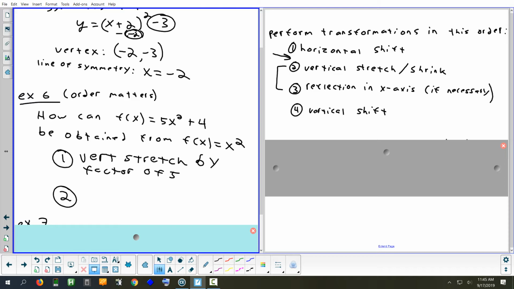I'd have a negative in front of the 5. There's no negative. And lastly, do I have a vertical shift? Anything, Jared? Yes. 4. 4, which way? Up. Shift up 4. Yep. And that's the answer to example 6.